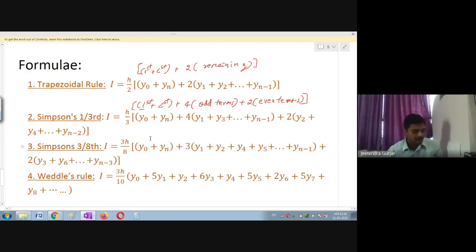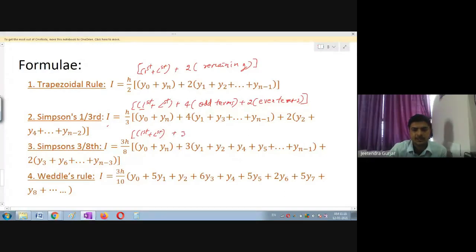Okay, next you can see this is the 3/8 rule. So this is 3h upon 8. Again, how do you remember the formula? First term plus last term. In the interval you will understand how to get the interval.